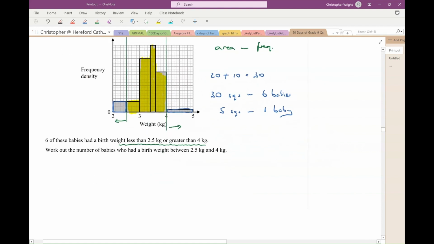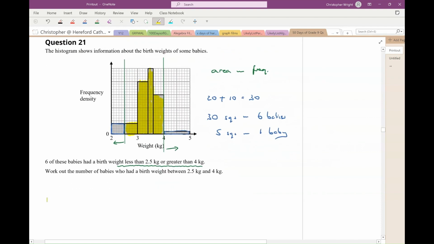So all I've got to do really is to work out how many little squares there are in that yellow block. So let's have a look. And this bar here, that measures 5 by 4, so that's 20 little squares. This bar here, see how high it is, 5, 10, 15, 20 by 4, isn't it? So that's 80 little squares.